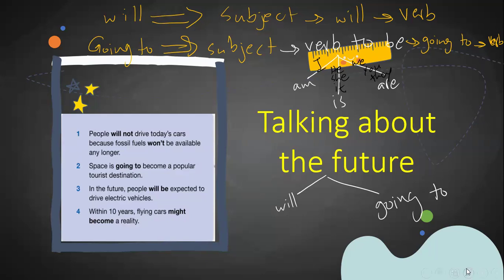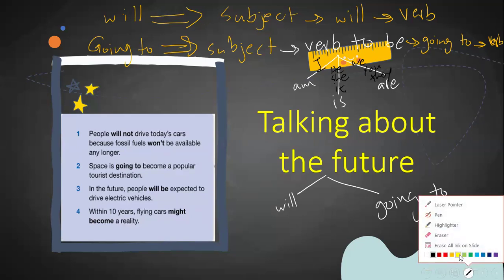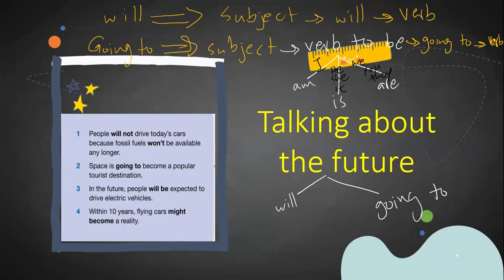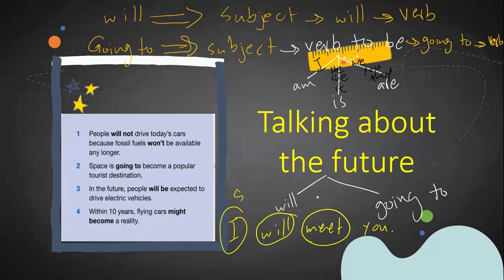Okay, the first example is about will. I will meet you. I is the subject. Then we have will. After that, we have meet as the main verb in the sentence.